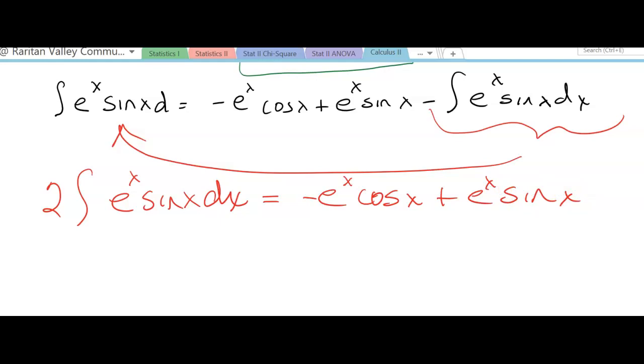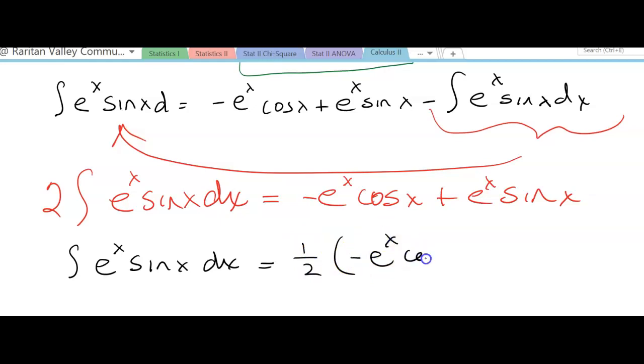And if I go ahead and just divide everything by 2, I get the integral of e to the x sine x dx equals a half of negative e to the x cosine x plus e to the x sine x. And if you want, you can bring the e to the x out. And we're done. So we had to use a little algebra magic in that one. And then we can get our answer.